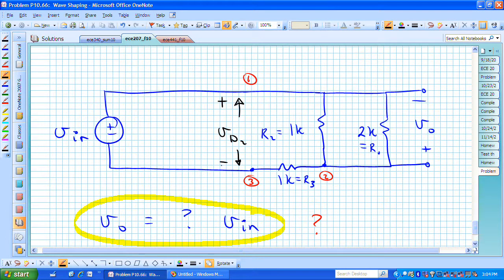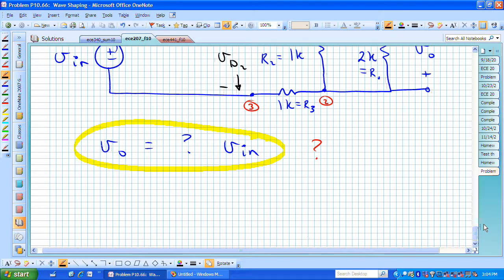We need that to be negative. Obviously, it looks like that's not going to be the case, because what do you see right now? We already see that V sub D sub 2 is the same as Vn, and so Vn is going to be, we said, positive, and so that's not going to support our previous assumption, but let's just keep going.